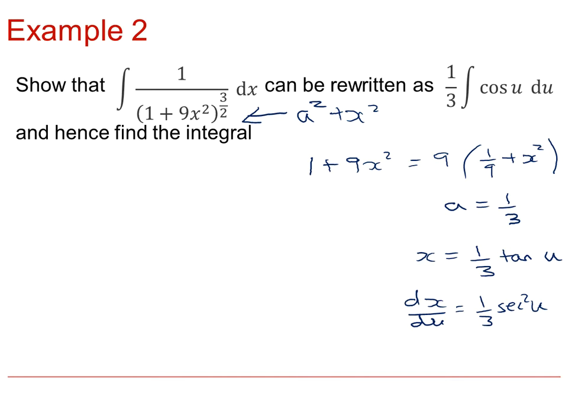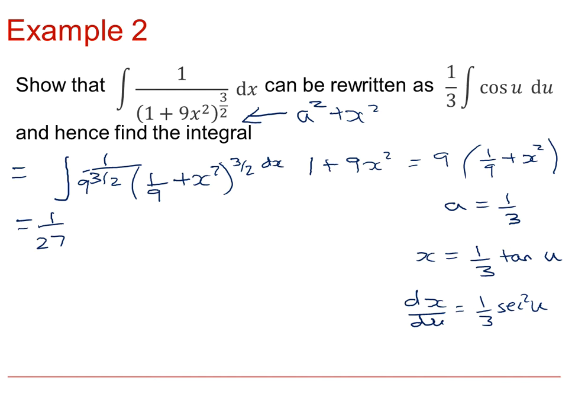So starting with that integral at the top, I can replace this by 1 over 9 to the 3 over 2, 1/9 plus x squared to the 3 over 2 dx. And then using that substitution, that will give me 1 over 27. On the top it will be 1/3 sec squared u du.